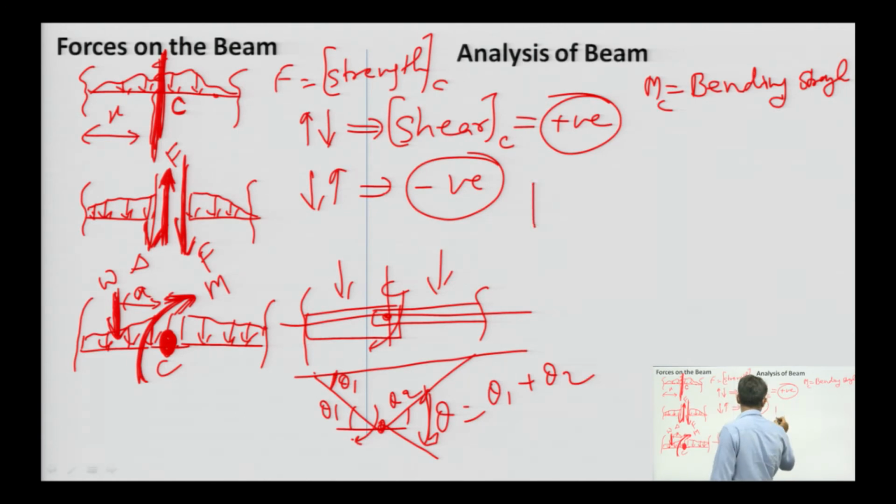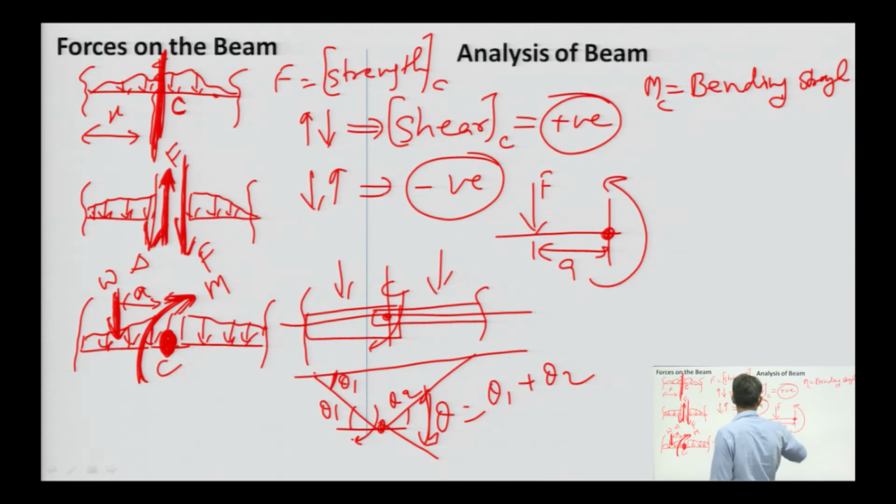Say if the force is coming in this direction, the direction of the rotation will be anti-clockwise. So, if this type of thing is there, then that strength should be there. And how much strength is there?